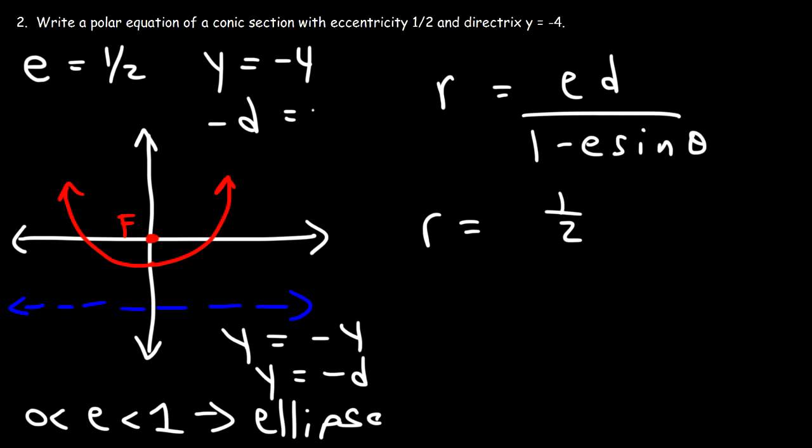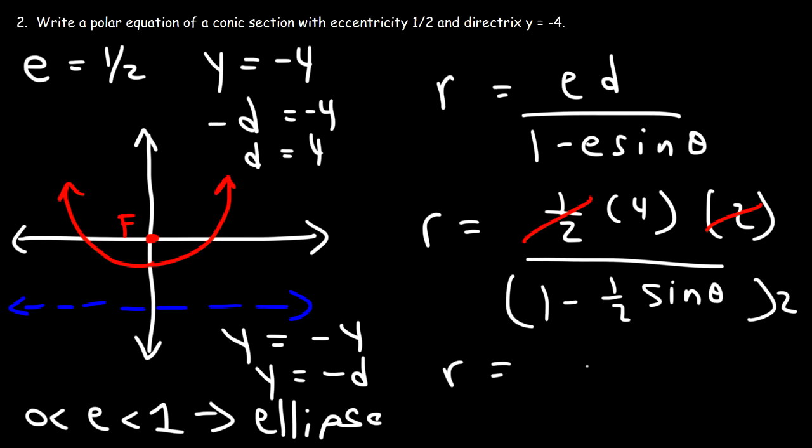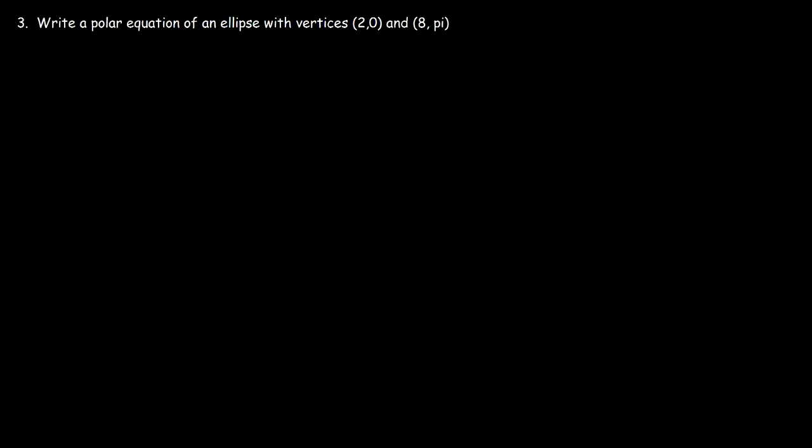So if you multiply both sides by -1, d is 4. Now to get rid of the fraction, let's multiply the top and the bottom by 2. So 1/2 times 2 is 1. And so we're going to get 4 on top, and then 2 minus 1 sine theta, or simply sine theta. And so this is the answer.